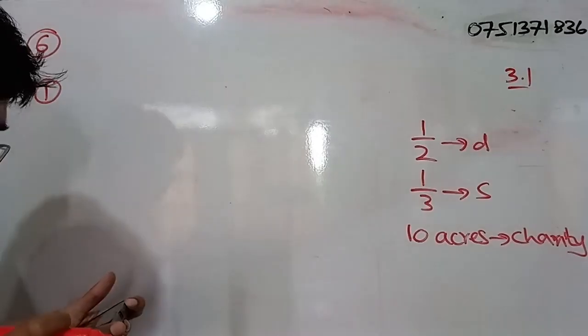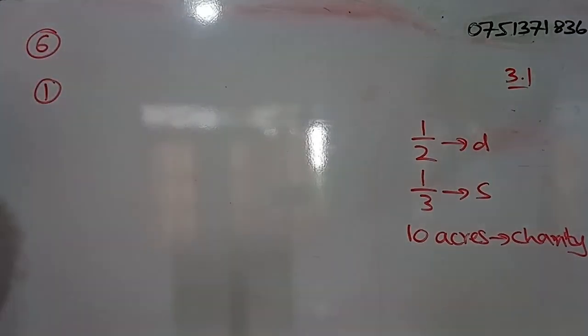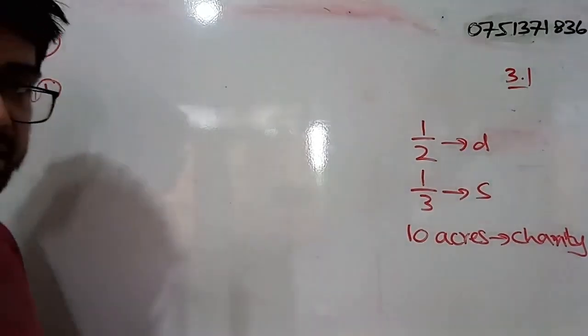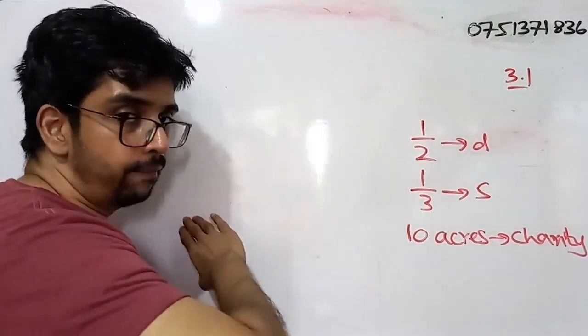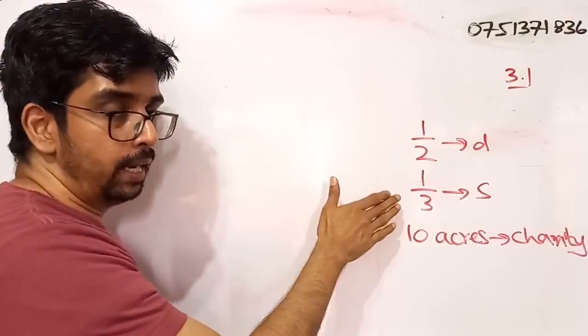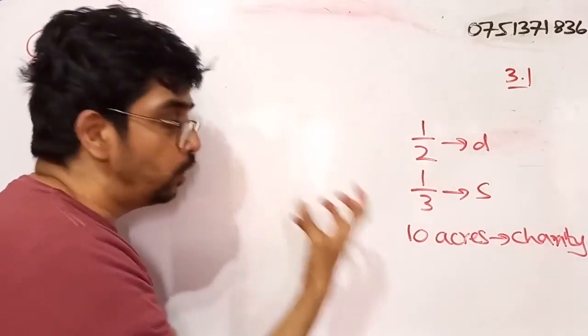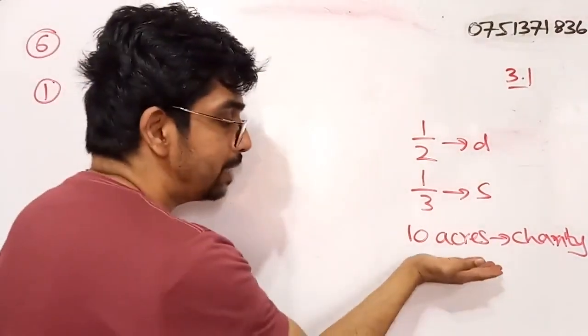Part 1. What fraction of the total plot of land did Muhammad donate to charity? So how do we calculate it? What is the logic there? We know half of the land went to the daughter, 1/3 went to the son, right? So the remaining amount, we know the remaining amount, but not as a fraction, as acres.